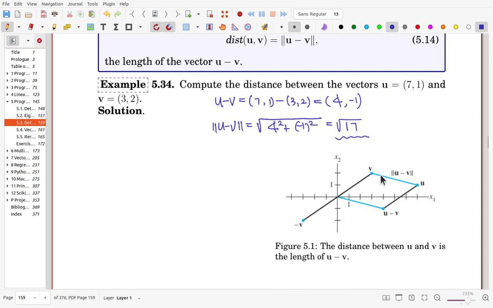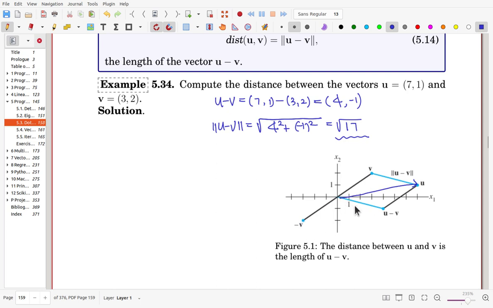Pictorially, we can explain that one. U is here, so you may draw a vector from the origin to U, and V is here. Now minus V is this one.